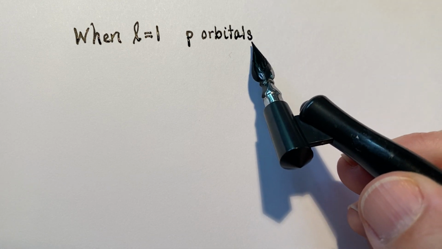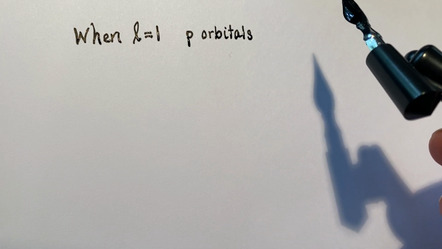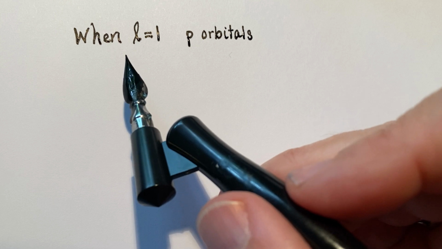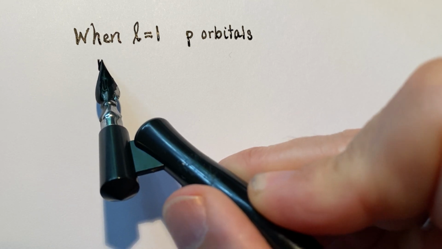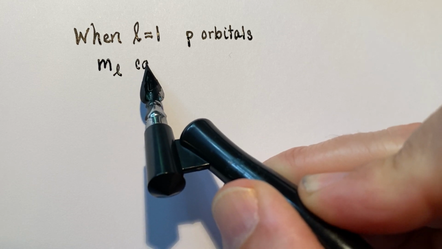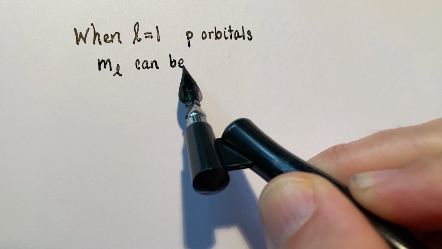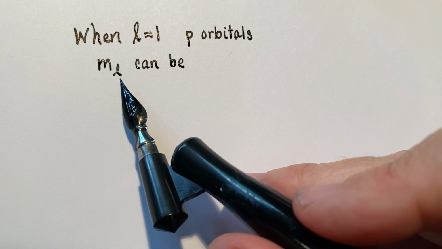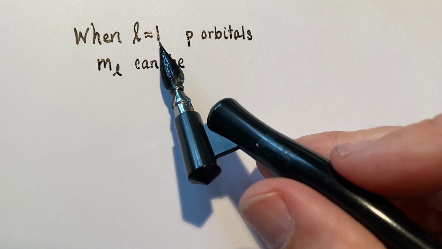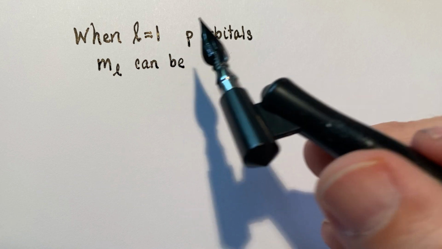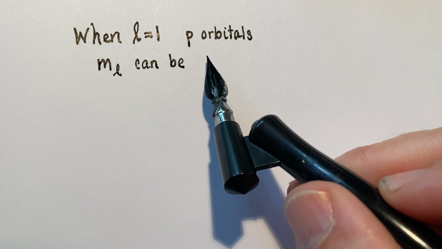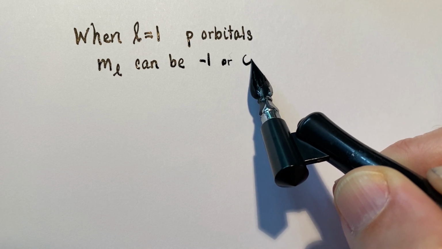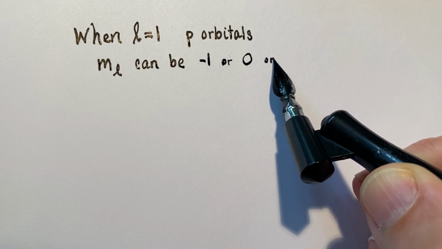All right, maybe you're wondering why I have an S there, plural. Well, that has to do with the result of when we look at all the possible values that we can have for M sub L. So we just defined the possible values of M sub L can be minus L, all the way up through 0 to plus L. So that means M sub L can be minus 1, or it can be 0, or it can be plus 1.